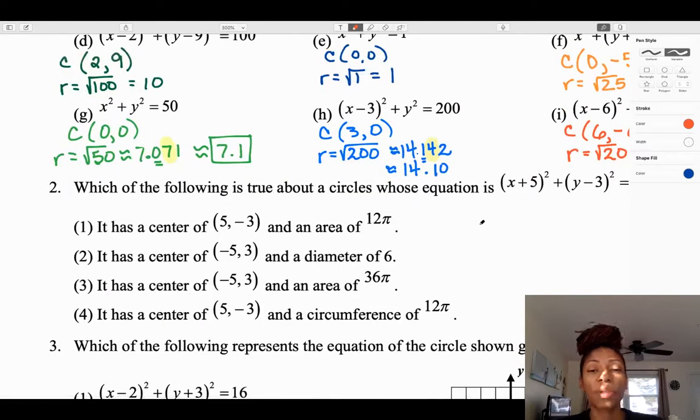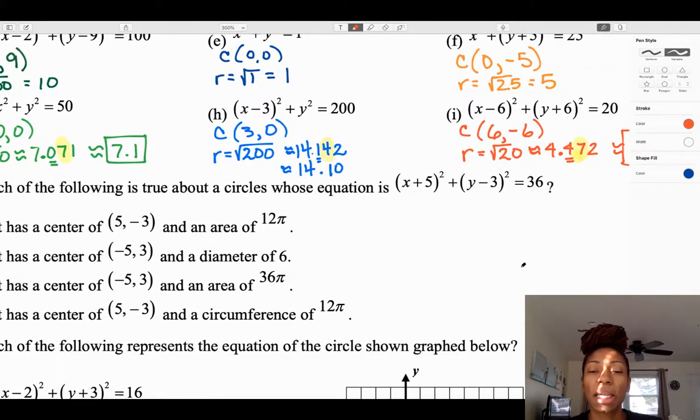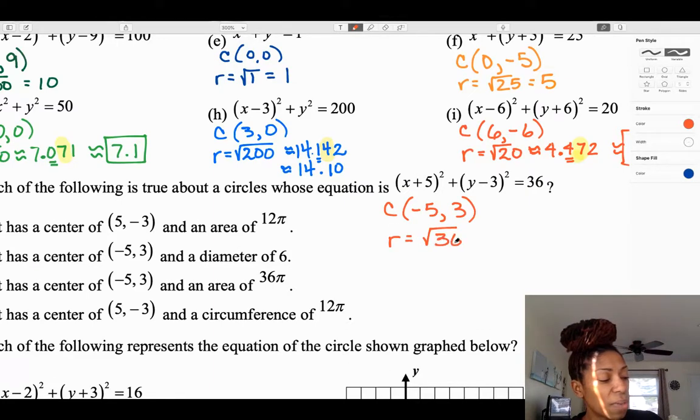Which of the following is true about circles whose equation is (x + 5) squared plus (y - 3) squared equals 36? Well, we can find out the center, which will be negative 5, positive 3. And the radius is the square root of 36, which is 6.